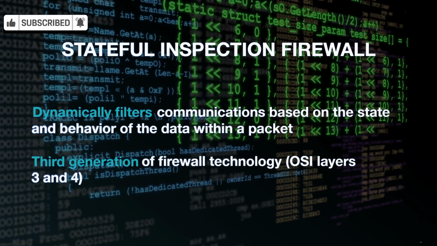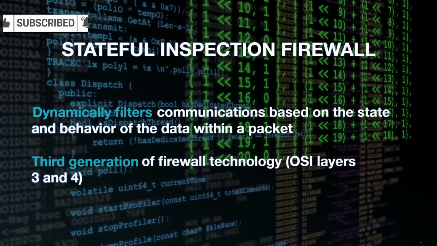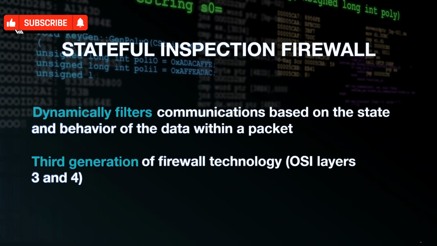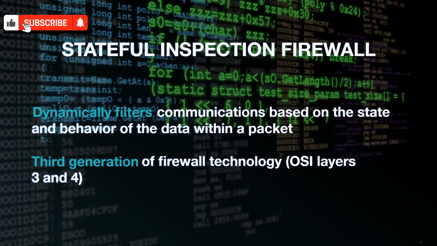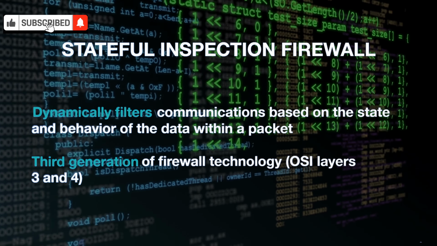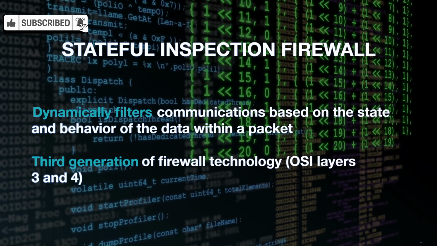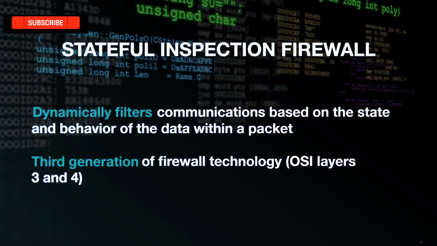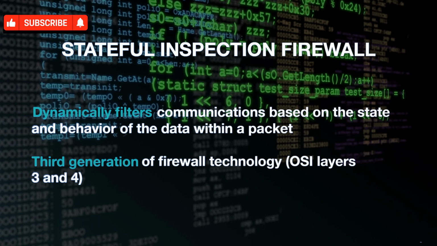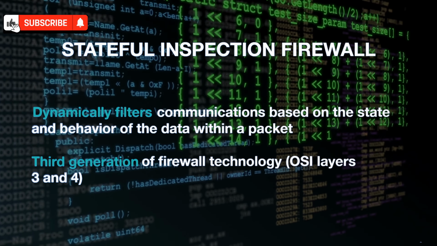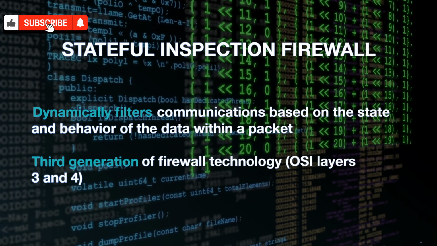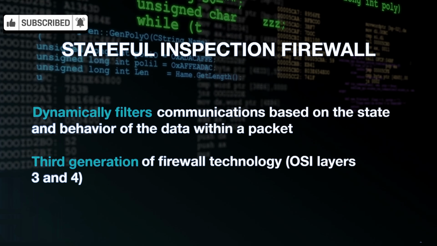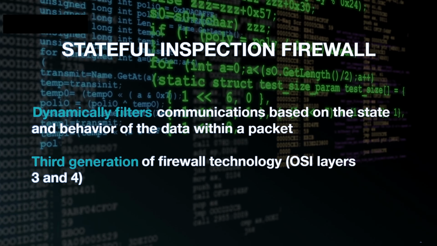So we are looking at the network layer and the transport layer with this particular firewall. State means the status of the data, and that's what it's focused on here. The firewall is going to track the state of the data, and if anything is not right, it's going to discard the content and end the session or the connection that exists through the firewall.